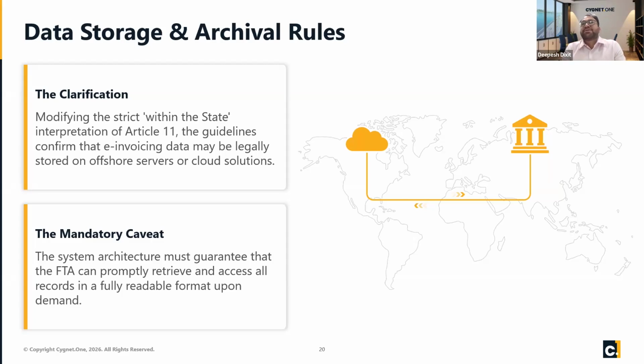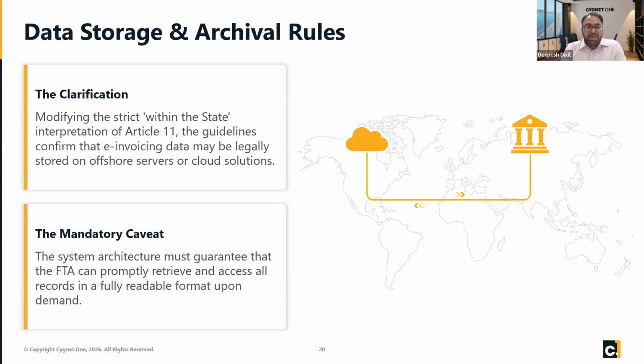But we have seen that big businesses, finance companies, banks and other industries prefer their data within the UAE borders itself. They don't want any PII going outside the UAE, right? So for that purpose, we have taken the servers within the UAE itself.